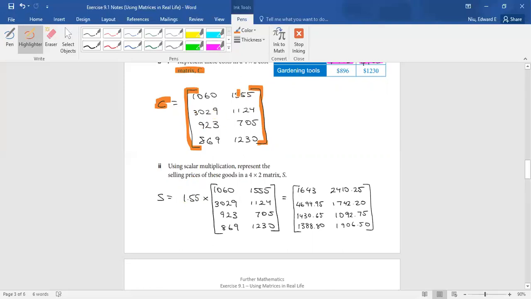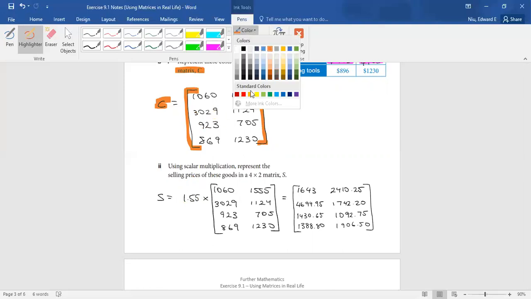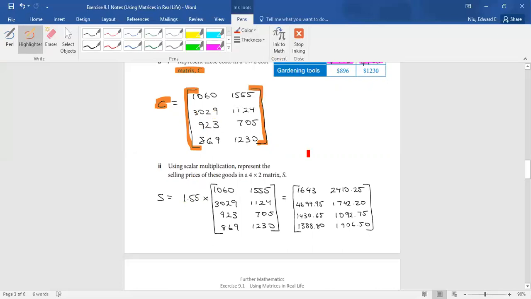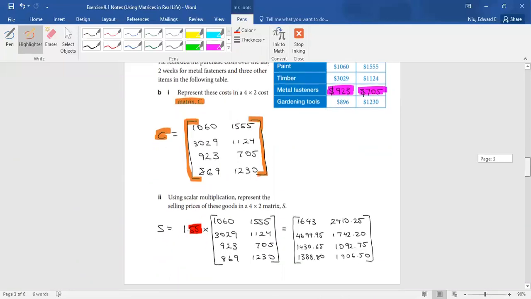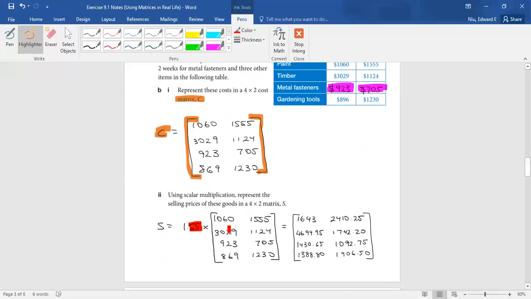Now, how do we represent the 55% as a scalar? You put a 1 in front of the 55. So the 0.55 came from the 55%. Remember, 55% is 0.55. The 1 includes the cost price, and then that tells us what each item has to be sold for to make that 55% profit.